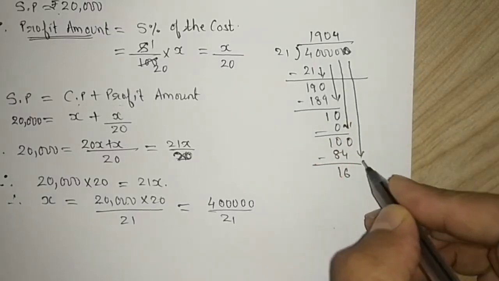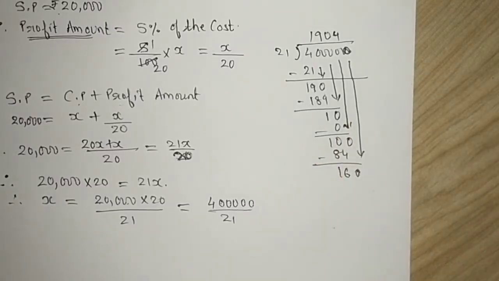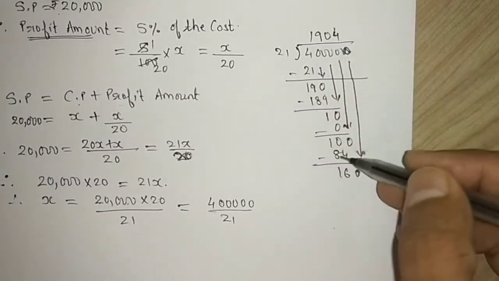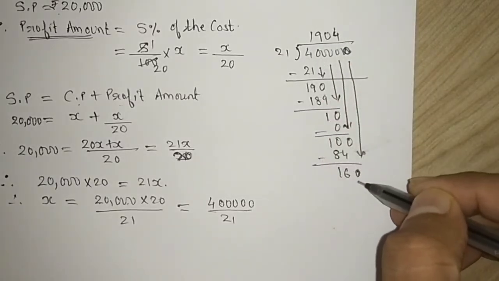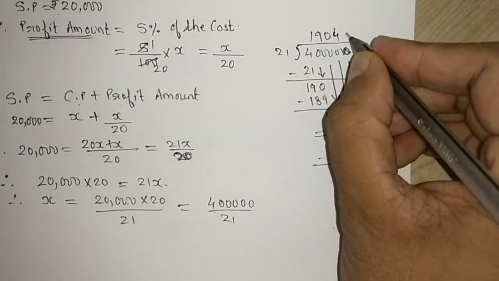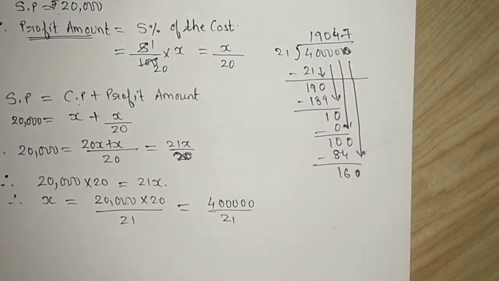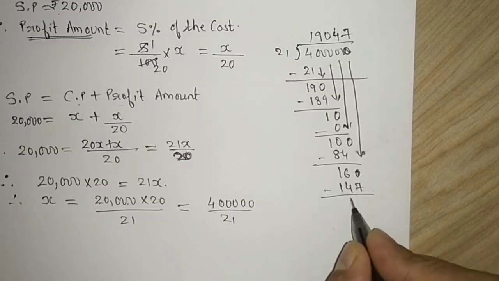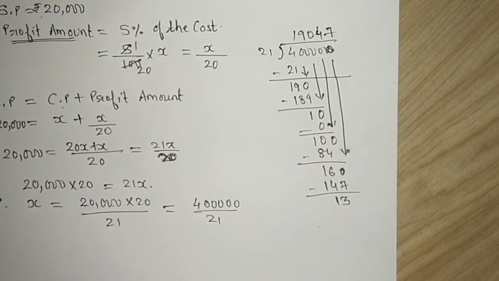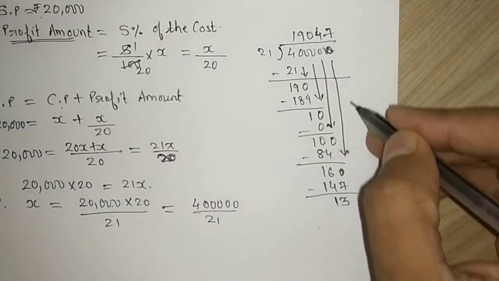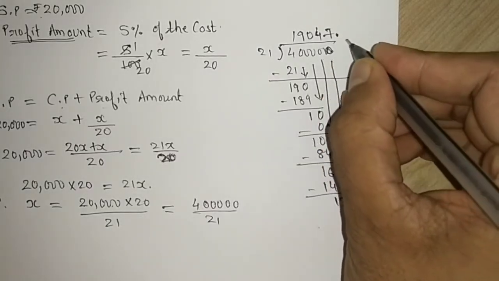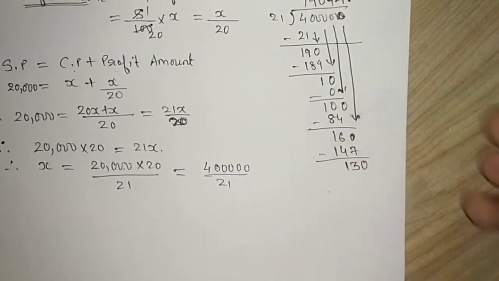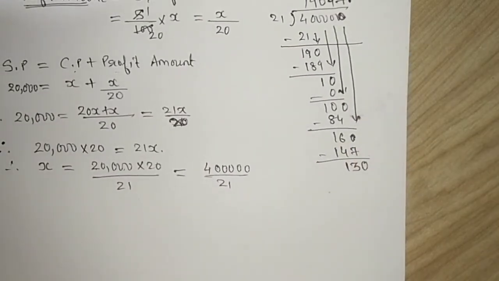Bringing another 0 down, we will get 160. 21 sevens, because 21 eights will become 168, which is greater than 160. So we will get 21 sevens, 147. So the remainder is 13. Now since we don't have any 0 further, we will place a point. While placing the point, we will get 130. So moving further, we will get 21.